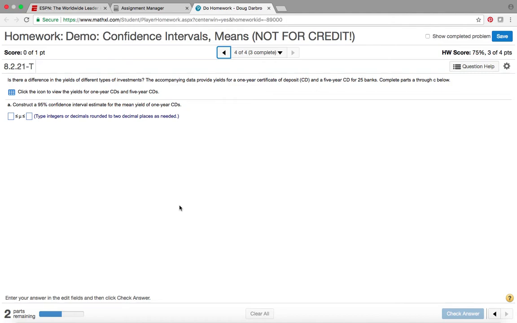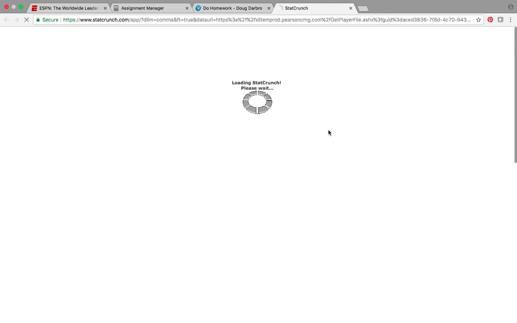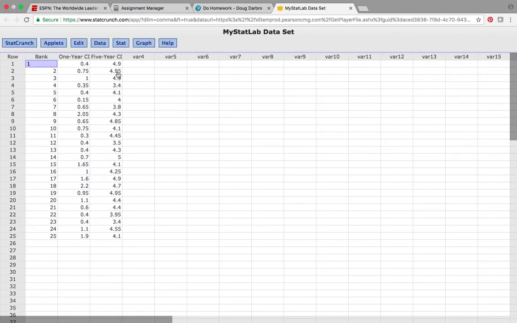So is there a difference in the yields of different types of investments? It looks like we're going to have 1-year CDs and 5-year CDs. So click the icon. So we want a 95% for 1 year. All right, so let's make it easy on ourselves and open this up in StatCrunch. So for these numbers, I want a 95%.